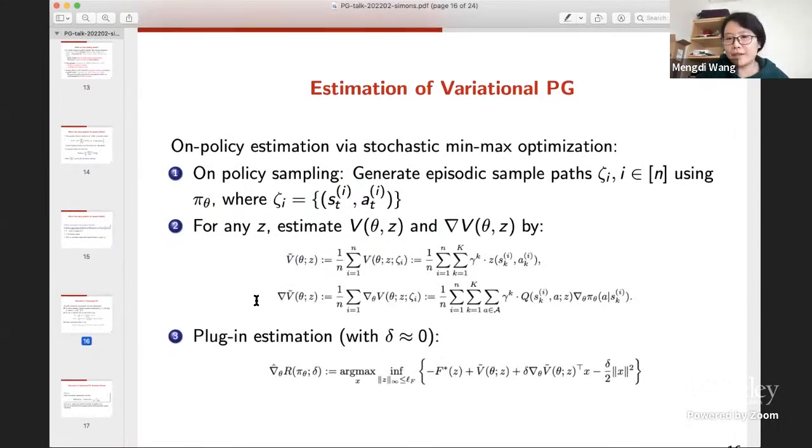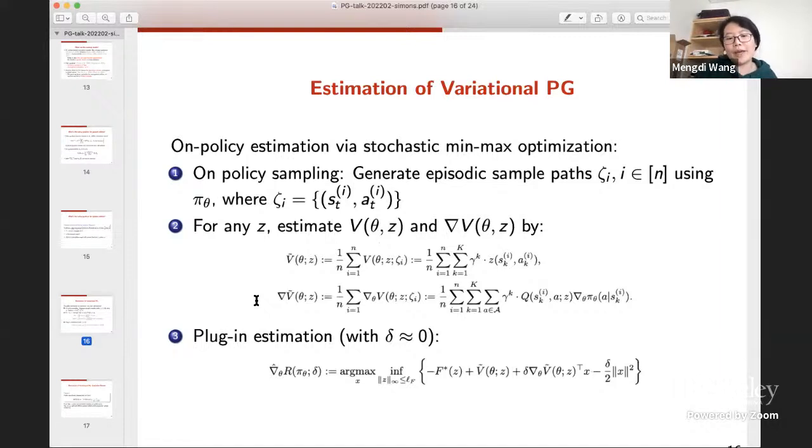So now can we estimate the variational policy gradient by solving the min-max optimization problem? Because the min-max optimization problem looks like a high dimensional problem, right? That doesn't make sense to solve this high dimensional problem. So it turns out that we can solve it by just using Monte Carlo sampling. So for example, a very straightforward plug-in approach would be to just generate on-policy sample trajectories. And then we can approximate unknown function and quantity in the min-max optimization problem by taking sample average over the trajectories.